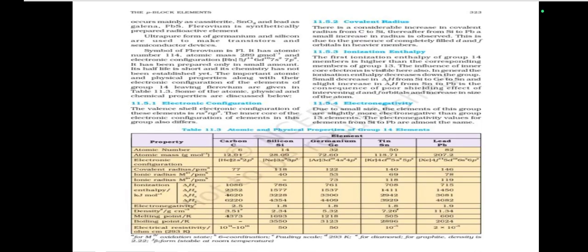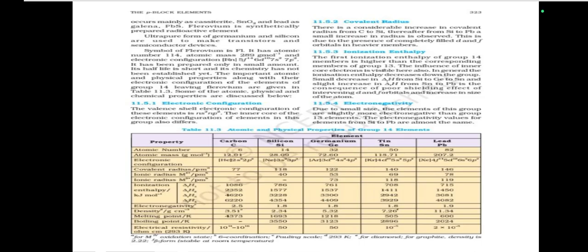Tin occurs mainly as cassiterite, SnO2, and lead as galena, PbS. Flerovium is a synthetically prepared radioactive element. Ultra pure forms of germanium and silicon are used to make transistors and semiconductor devices.